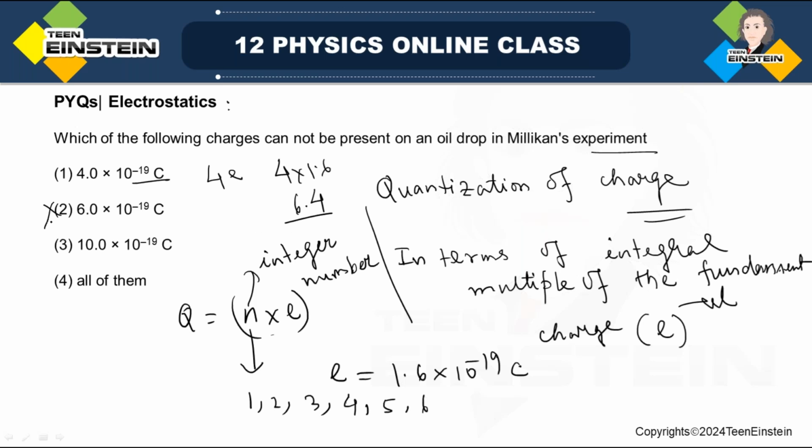This is also not an integral multiple of e. Even this is not an integral multiple of e, neither this one. So all of them cannot be present, not only in the Millikan oil drop experiment. In the universe, charge exists in terms of integral multiple of e. So all of them cannot be present. This is the answer. So option 4 will be the answer for this question.